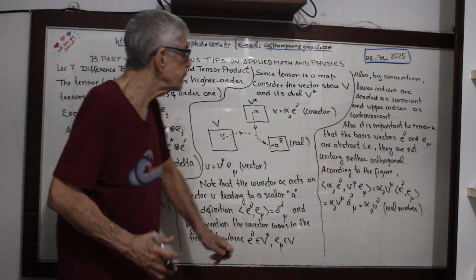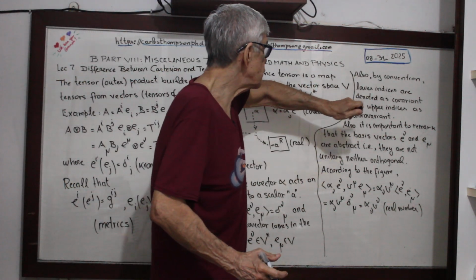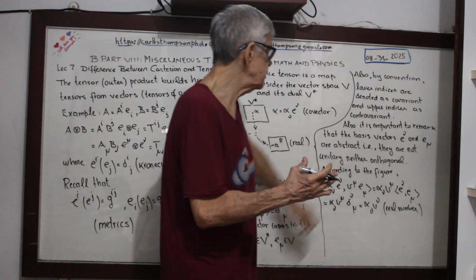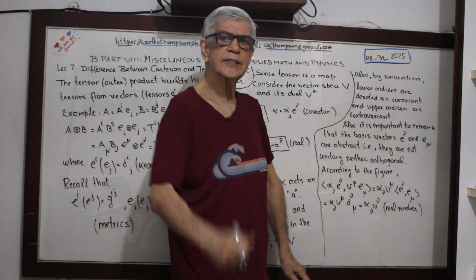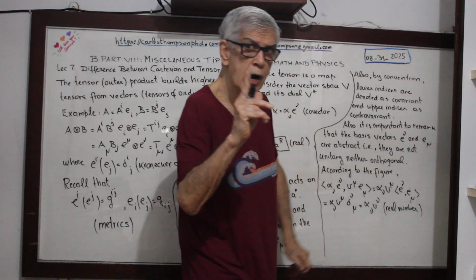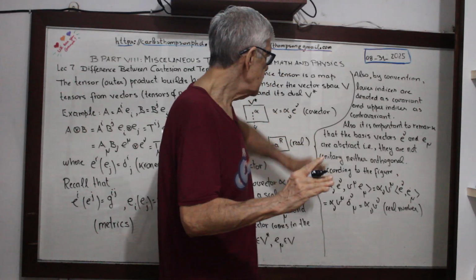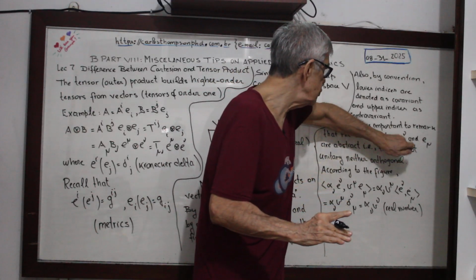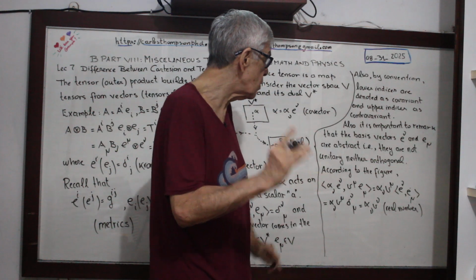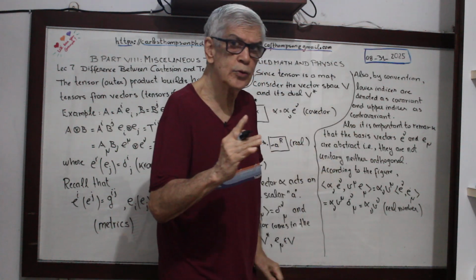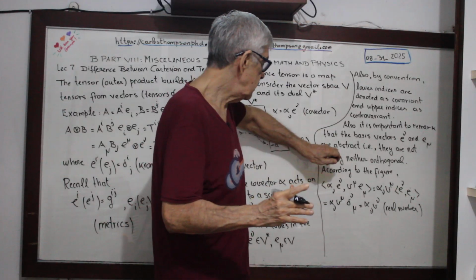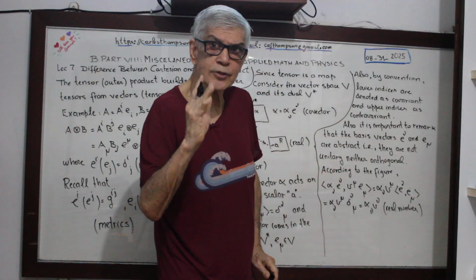Also by convention, lower indices are denoted as covariant and upper indices as contravariant, as I said previously. It's very, very important to remark that the basis vectors e^ν and e_μ are abstract. That's very important, because in intrinsic geometry we always use this.